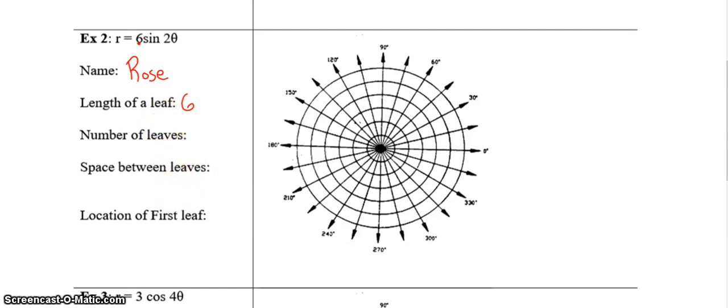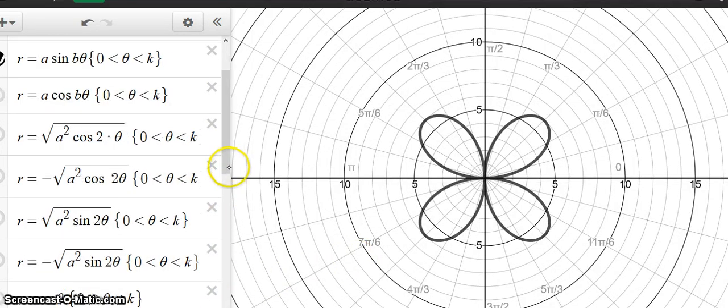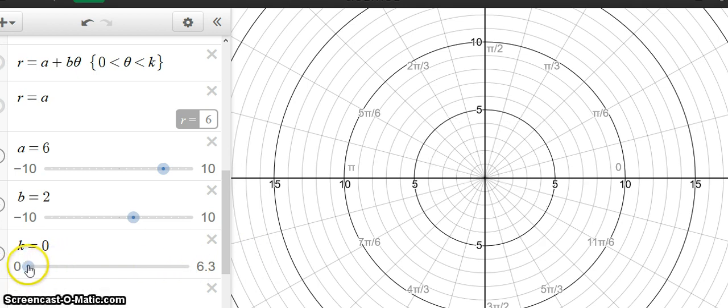Well, let's take a look at, first of all, how many leaves. Let's look at the graph. Well, here it is. I'm going to scroll through the angles again. So, starting out, going around, there's the length of the leaf, 6. By the way, what angle does that sort of look like? It's going to be hard to tell maybe from the decimal. 0.8?